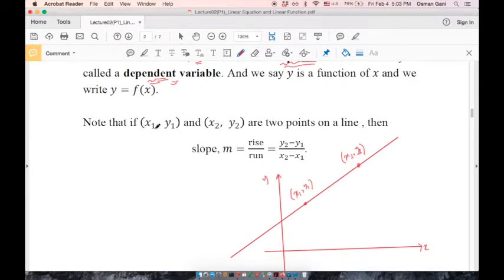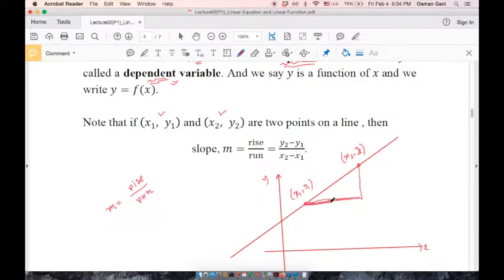Note that if you know two points on the straight line, let's say the first point x1, y1 and the second one x2, y2, then the slope m will be rise by run. So the slope of a straight line is the ratio between rise and run.